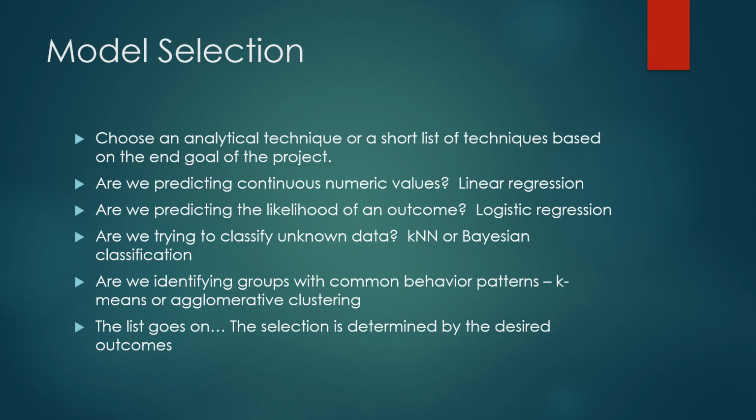As you know, there are multiple strategies, but that just gives you an idea of what it is we're trying to do here, and also the reason why it's important to select your model after you've looked at your data. If we're trying to predict a continuous numerical value, do we have the relationships we need for that?